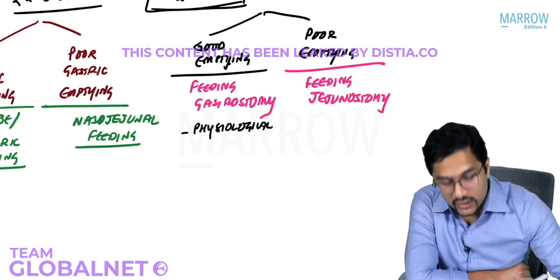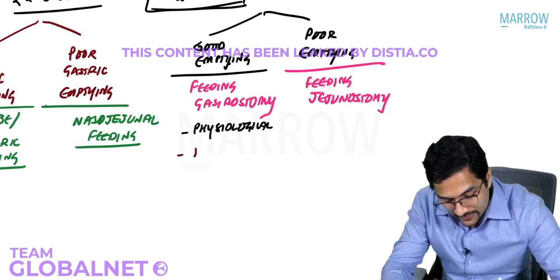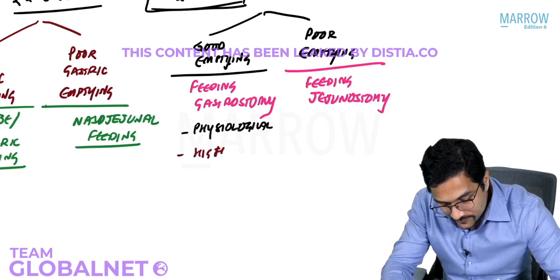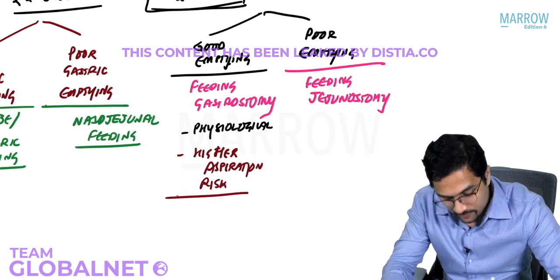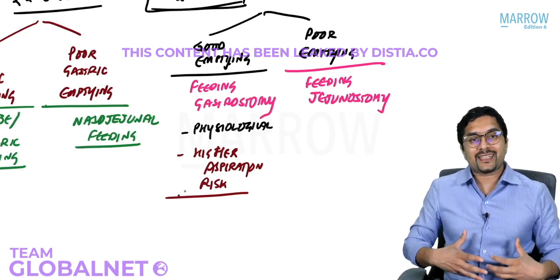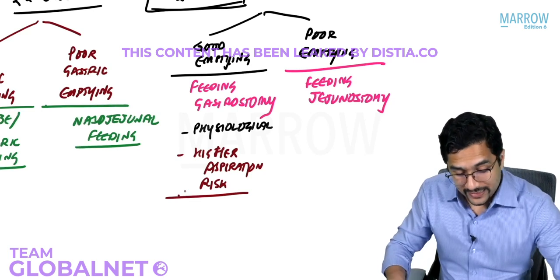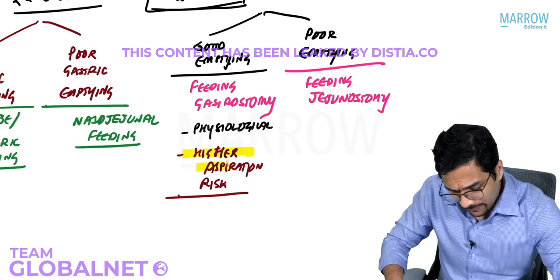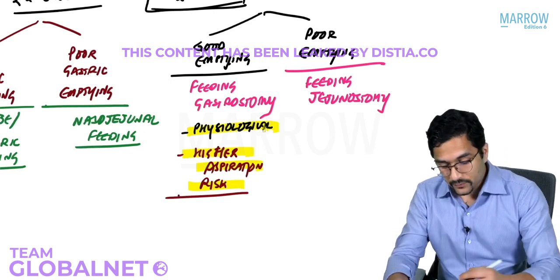But the problem with the gastrostomy is that there is a higher aspiration risk. That means that if you stuff a lot of food inside the stomach, the patient can vomit it out and can aspirate it. So that is a drawback of gastrostomy as compared to jejunostomy.